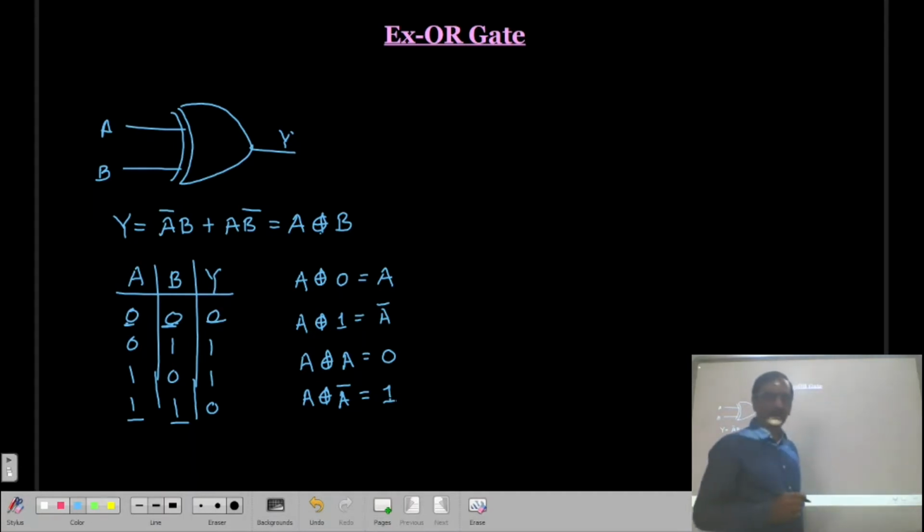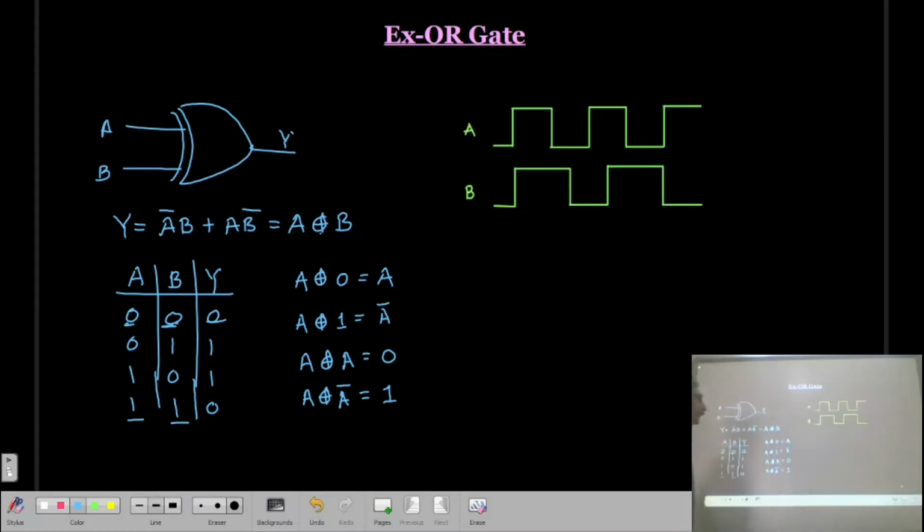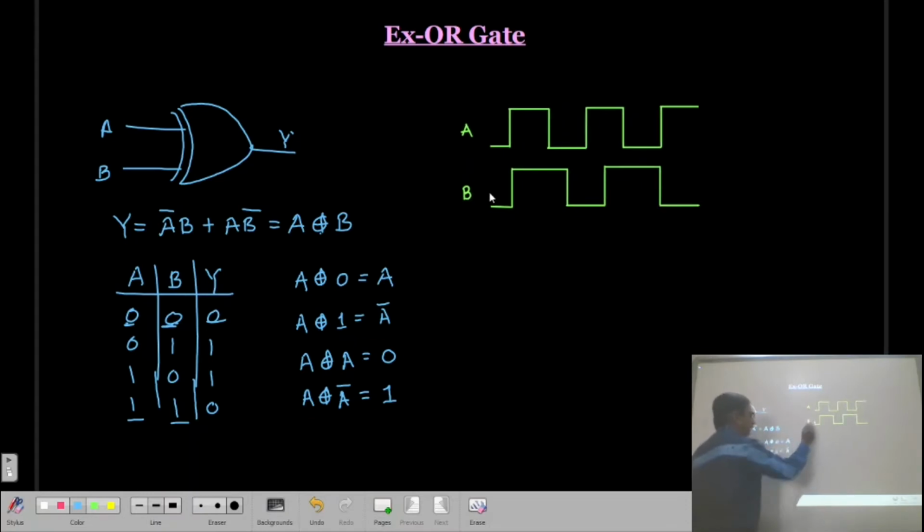Now let us see one simple example: if A and B are of different clocks, what will the output be? This is my A input and this is the B input.